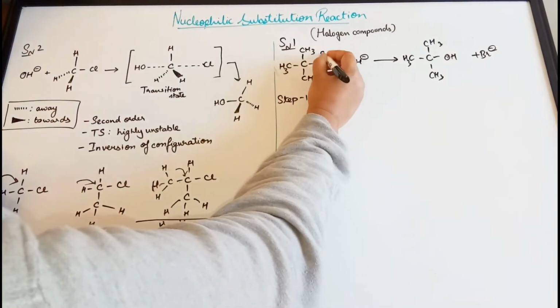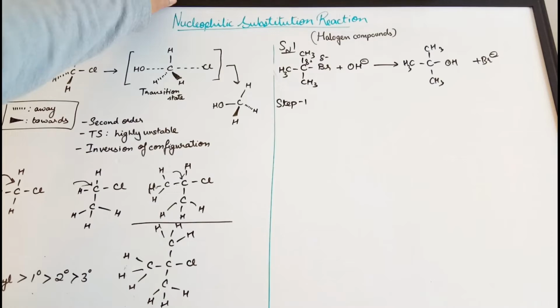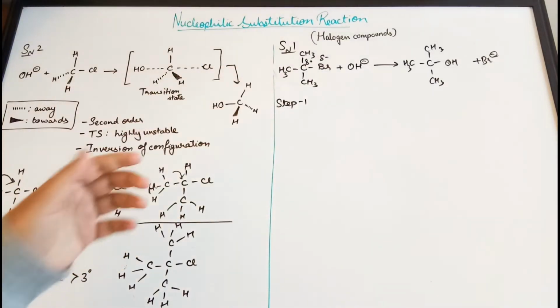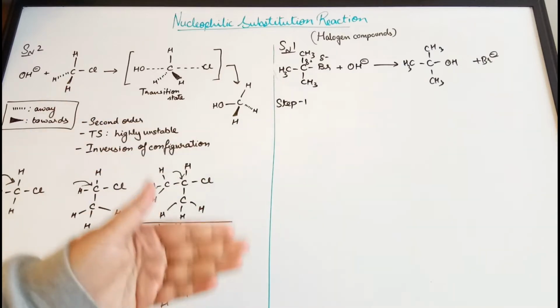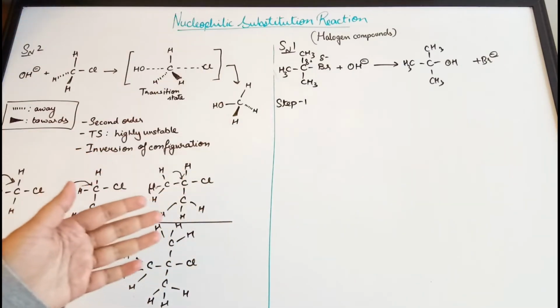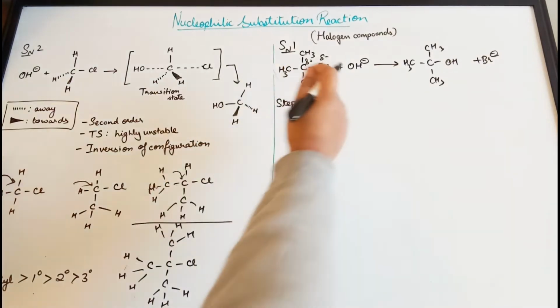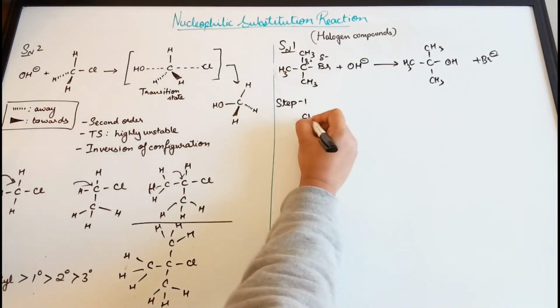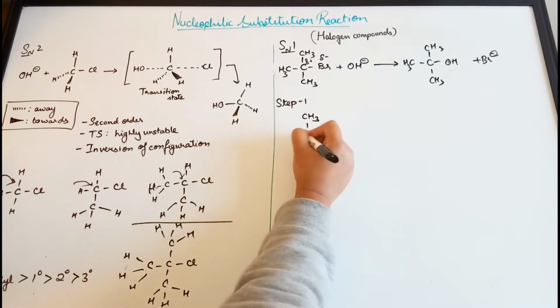This is due to the electronegativity of the bromine compared to carbon, and so it is itself polar, and that will help progress the reaction. So in the first step, the C and Br bond is going to break for us to get a carbocation.